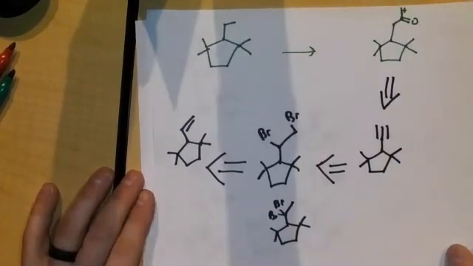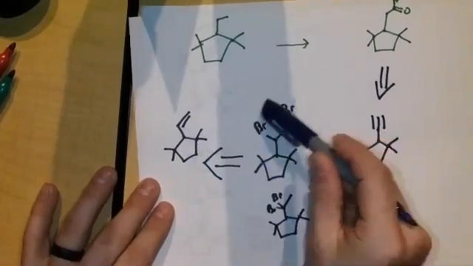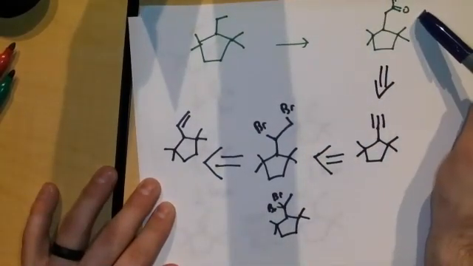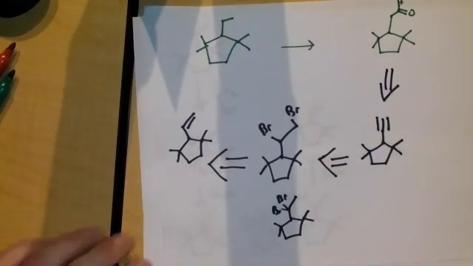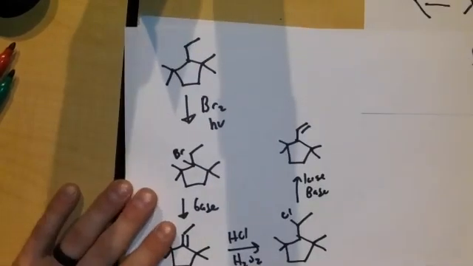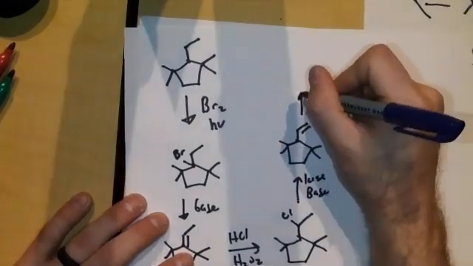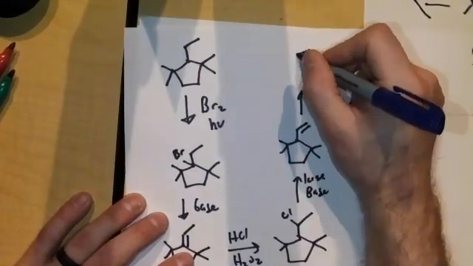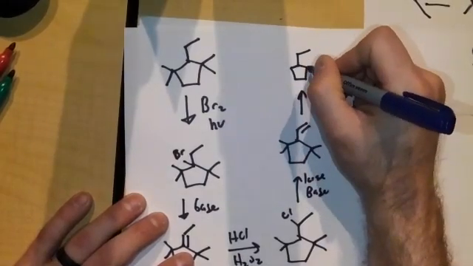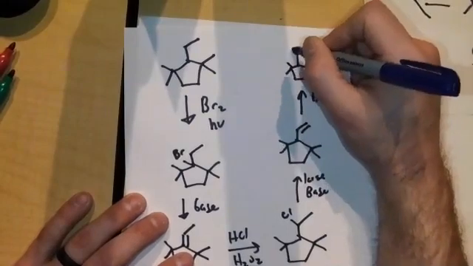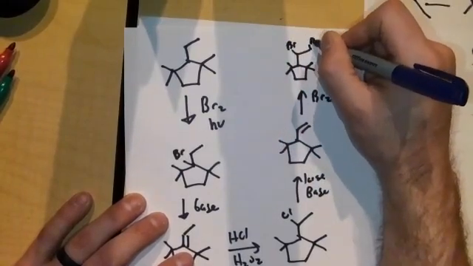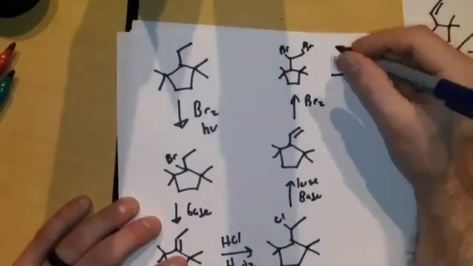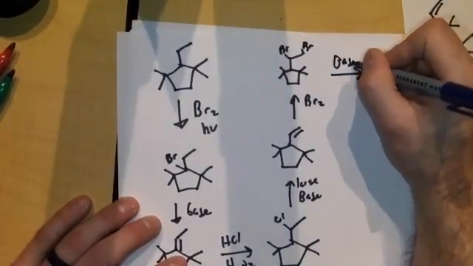Looking at our diagram, we need to brominate, we need to make an alkyne, and we need to make an aldehyde. So we've diagrammed out everything we need to do from here. Throwing in Br2 will let us dibrominate. Throwing in base will let us make our alkyne.